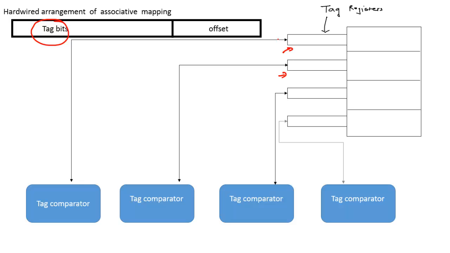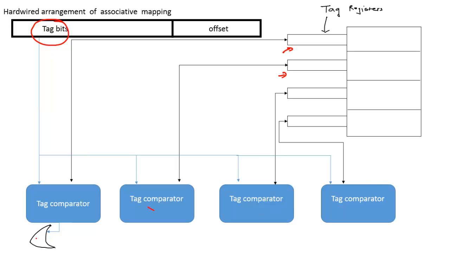You can see here that the data of these tag registers is supplied as an input to each tag comparator, and the tag bits of the address that we are looking for in cache memory are also supplied as the second input. The output of each tag comparator is supplied to the OR gate.